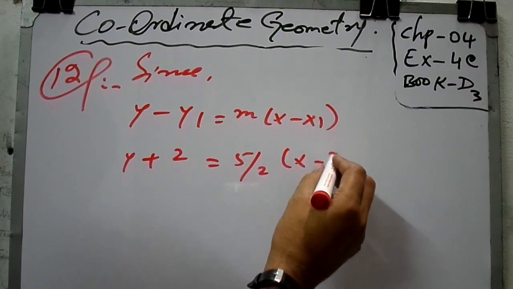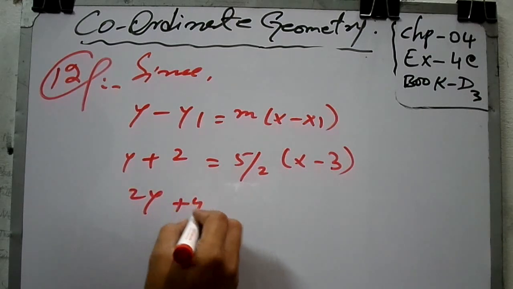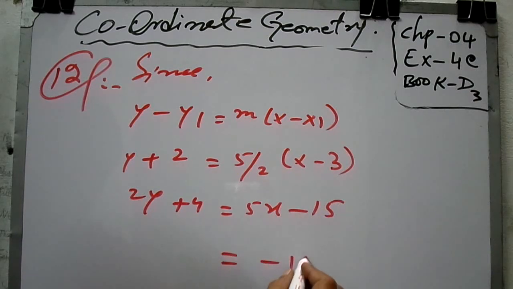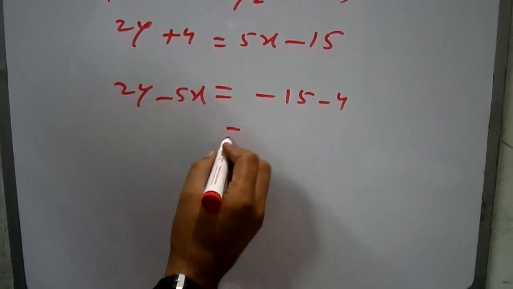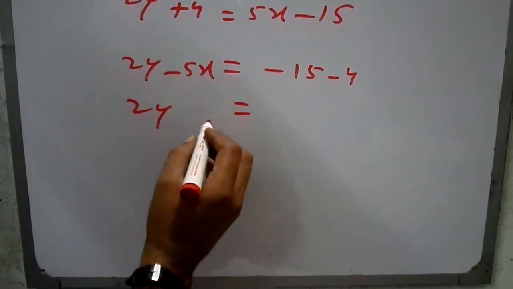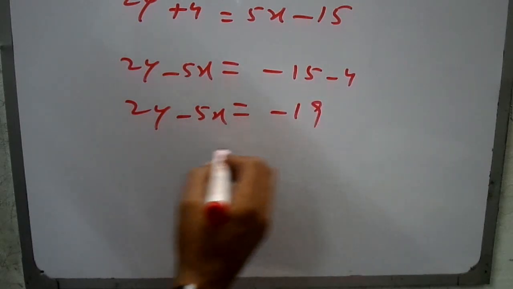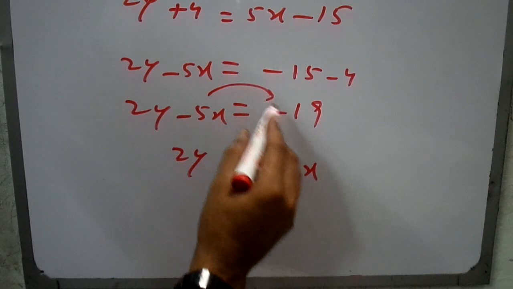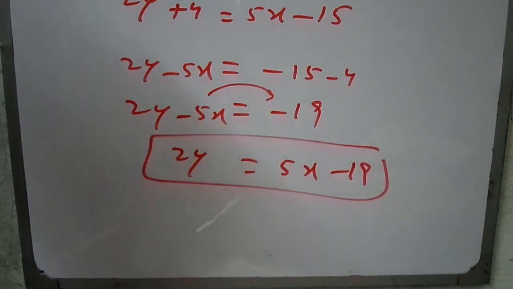The values are given to us in your textbook, so by using cross multiplication you will get 15. So 2y minus 5x, so 2y minus 5x is equal to minus 19. 5x, because it should be shifted here, 5x minus 19 is your equation.